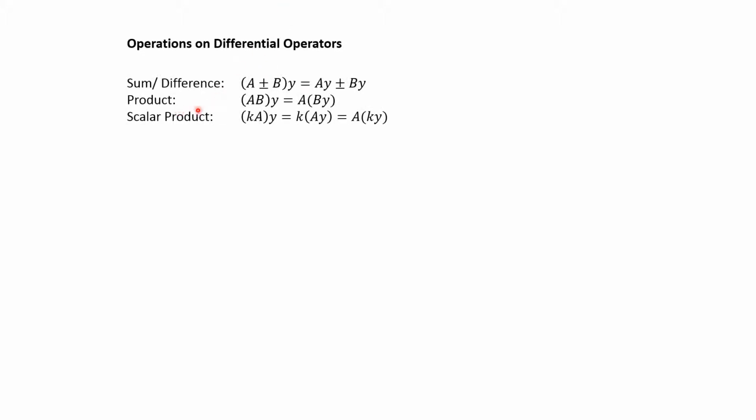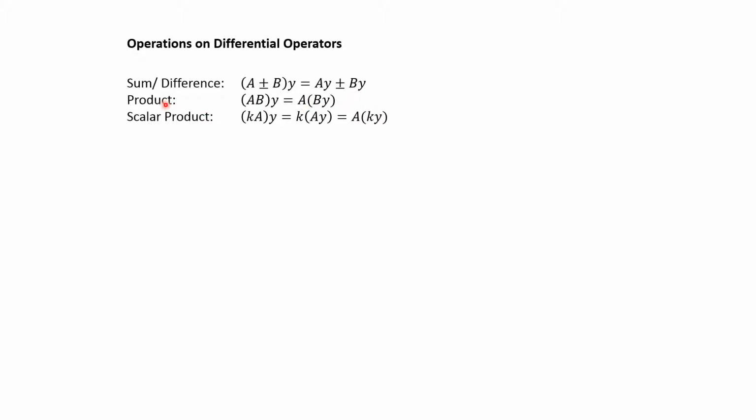Now let's go on to operations on differential operators. These are the conditions for a sum or difference. If A and B are operators, then (A plus or minus B)y can be distributed as Ay plus or minus By.